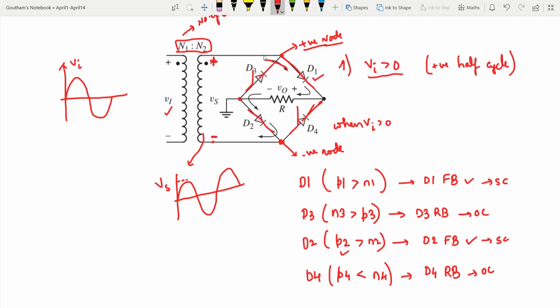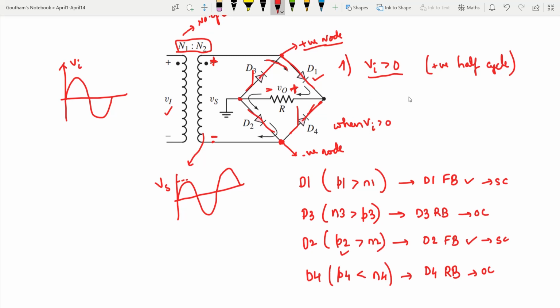So what happens to the current? The current flows through diode D1, then through the resistor R, and through diode D2. Because the current is traveling in this direction, these will be the plus and negative terminals of R. This is where we take the output V0.